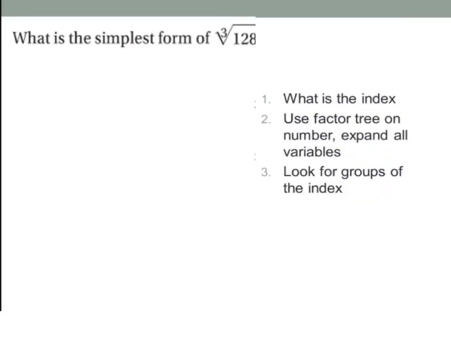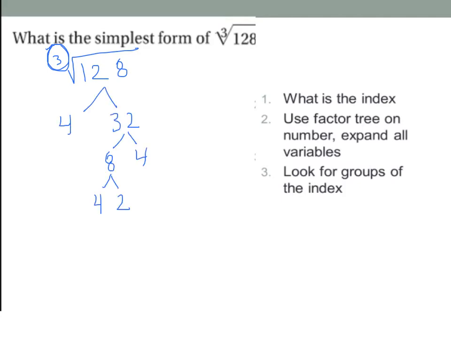We're just going to do a little review of simplifying a radical again, just to make sure that you can do this when you have a higher index than just 2. So first I'm going to look at my index, and it has an index of 3, so that means I'm looking for groups of 3. Then I'm going to make my factor tree. Now, I could have gone even further with the 4s that I have.